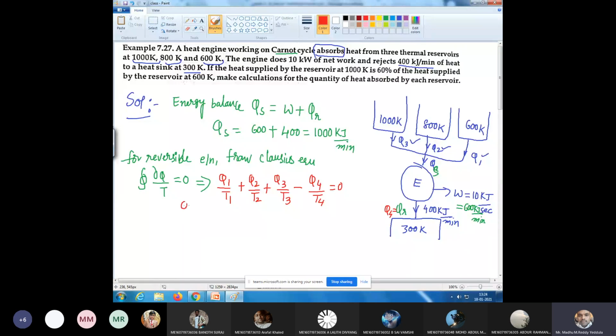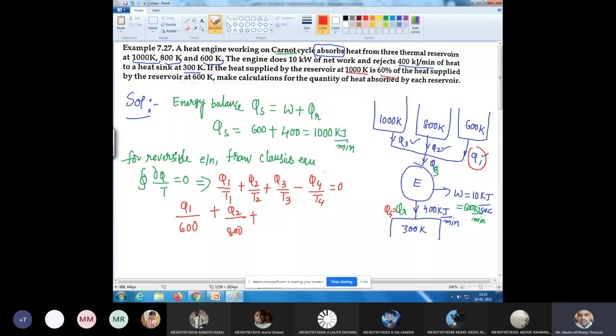Now write Q1 by T1, which is 600, plus Q2 by 800, where Q2 is not known. What about Q3? Q3 is the heat supplied by the 1000 Kelvin reservoir, given in the problem as 60% of the heat supplied by the 600 Kelvin reservoir.